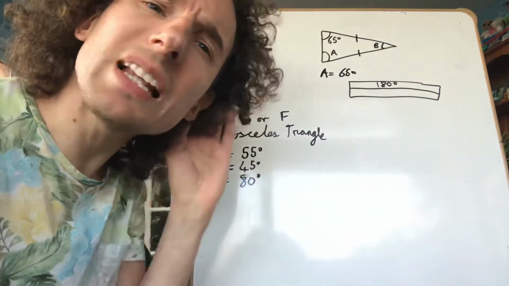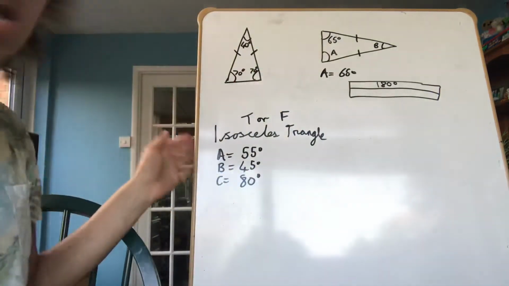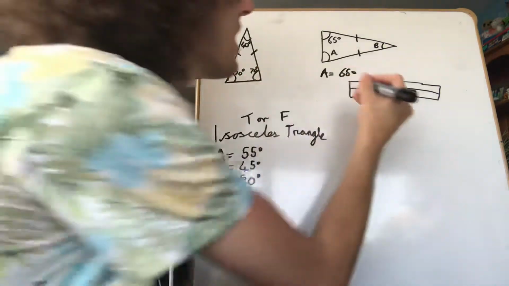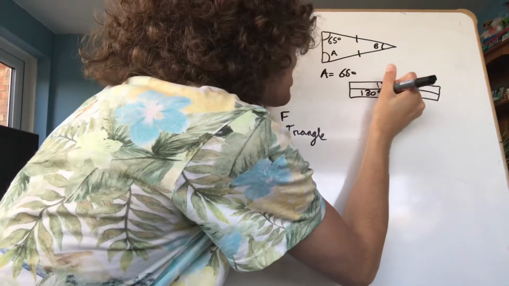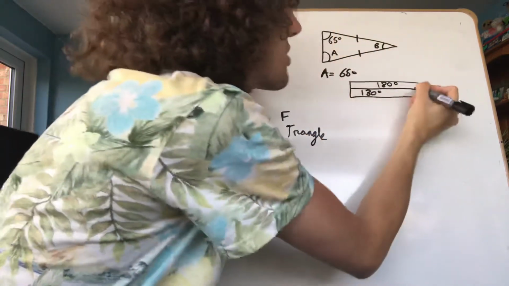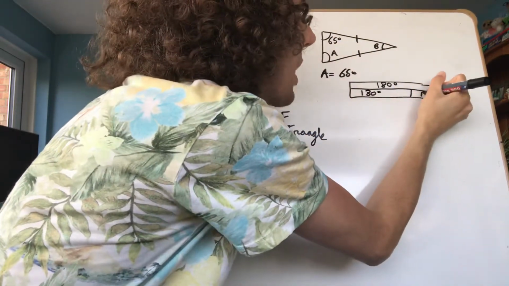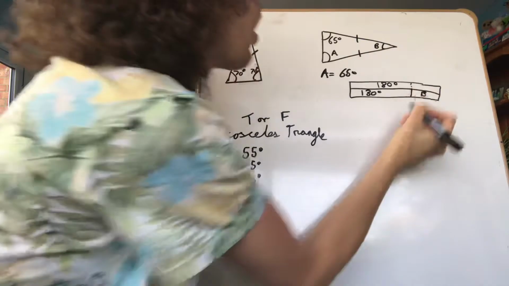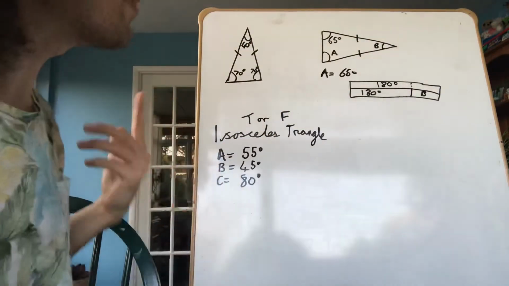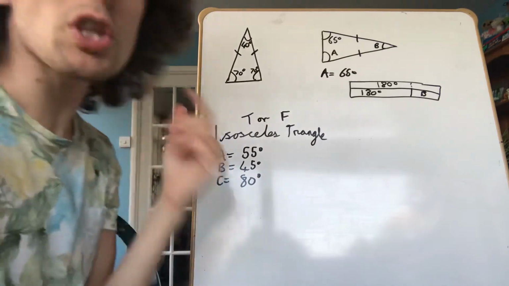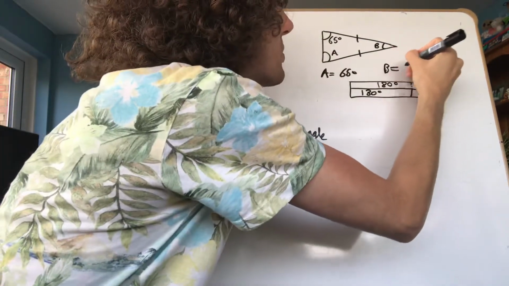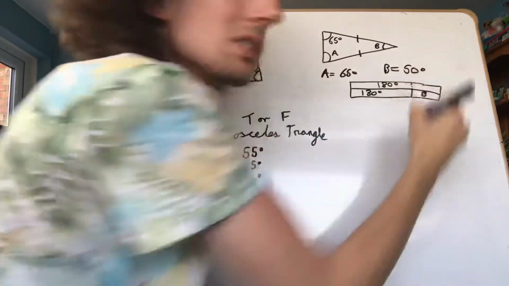Yes, it's 130 degrees, because double 60 is 120, double 5 is 10, 130 degrees. Okay, so if these two angles are 130, what is angle B going to be? So yes, we can do 180 take away 130 and find angle B. And what's 180 take away 130? Yes, it's 50 degrees. So B equals 50 degrees.